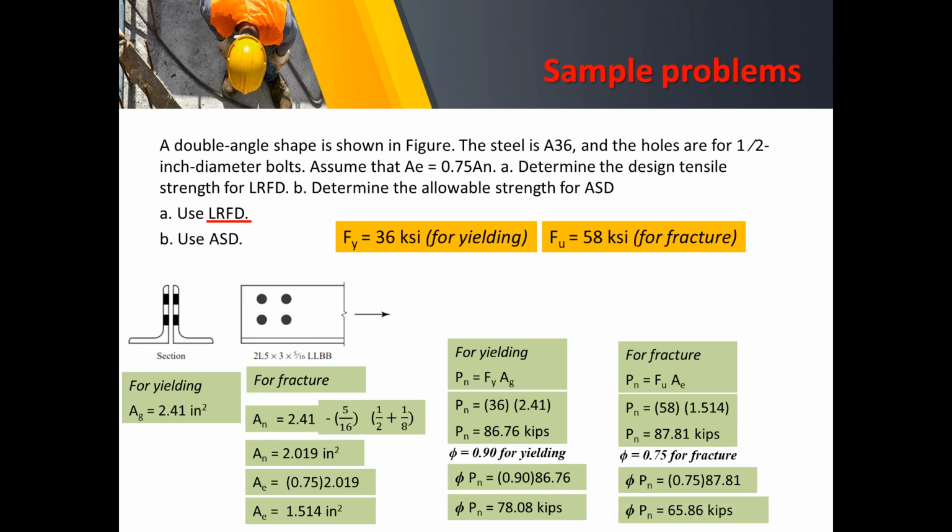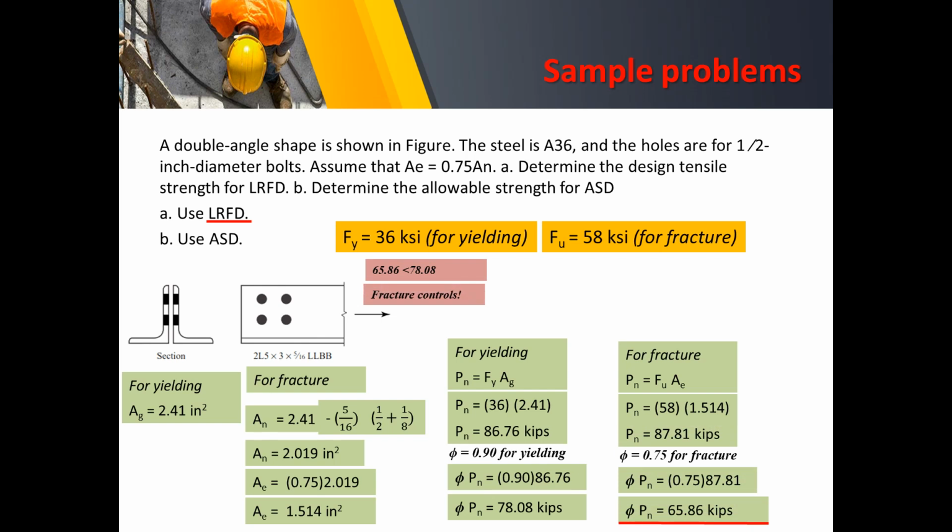We will have a design load of 65.86. So again, we have the comparison of yielding and fracture. Again, 65.86 is less than your 78.08, obviously.